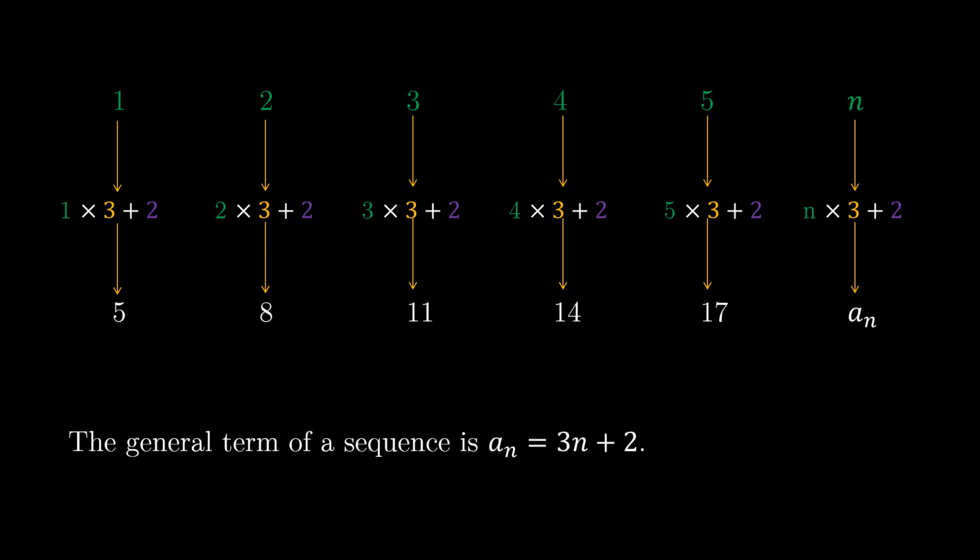So the general term of the sequence 5, 8, 11, 14, 17 is a sub n equals 3n plus 2. The first 5 terms are just an experiment. If the experiment is true for these 5 terms, then we use that to generalize to the nth term.